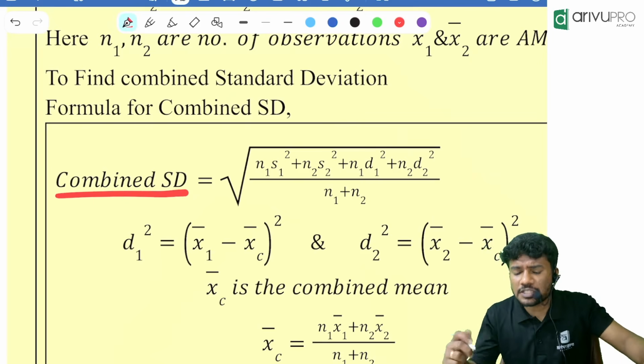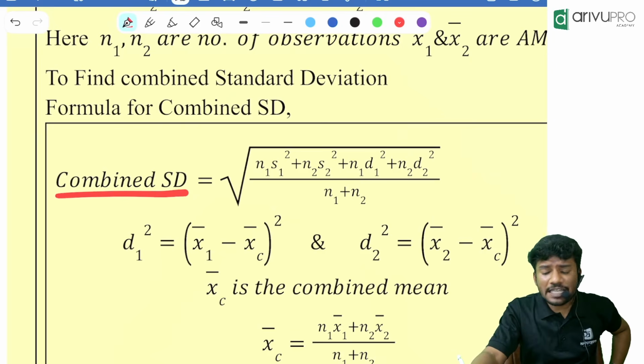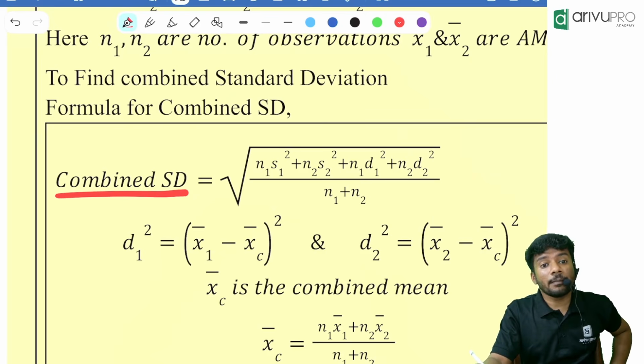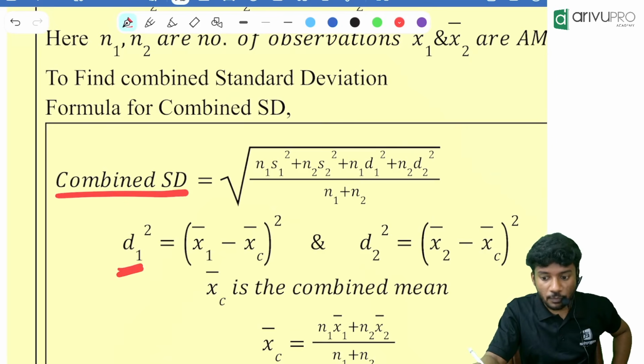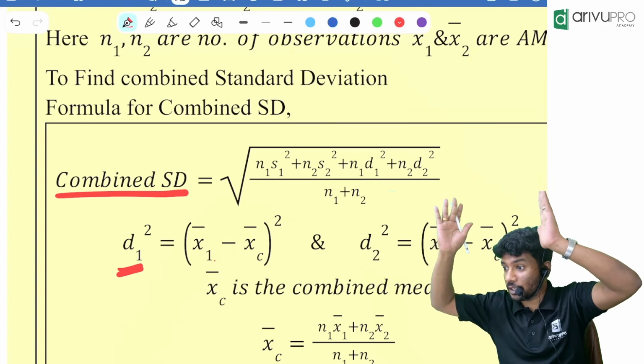Then one new term is coming: N1 D1 square. D1 is nothing but the deviation of the mean from the combined mean, squared. That is, D1 square is equal to (X1 bar minus combined mean) the whole square. That means the entire ArivuPro Academy has a combined mean.